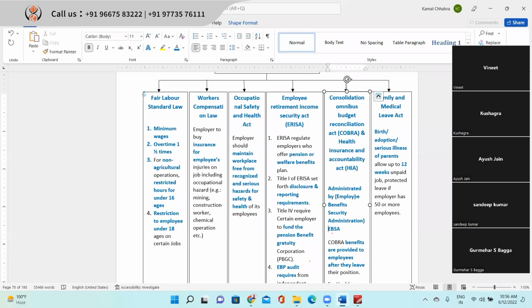Ideally this should be in brackets. Okay, thank you.